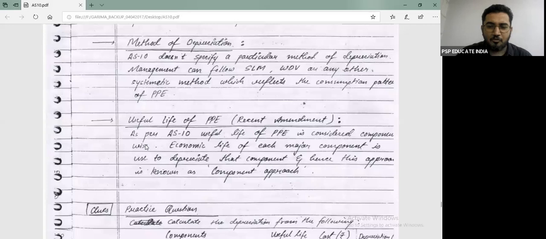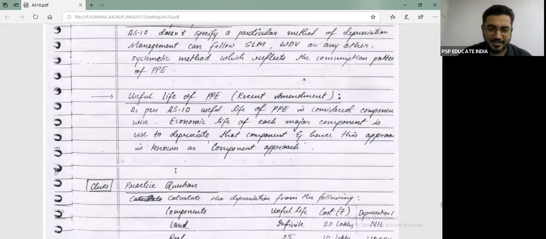Economic life of each major component is used to depreciate that component, and hence this approach is known as the component approach. Okay, I'll explain this to you in detail.